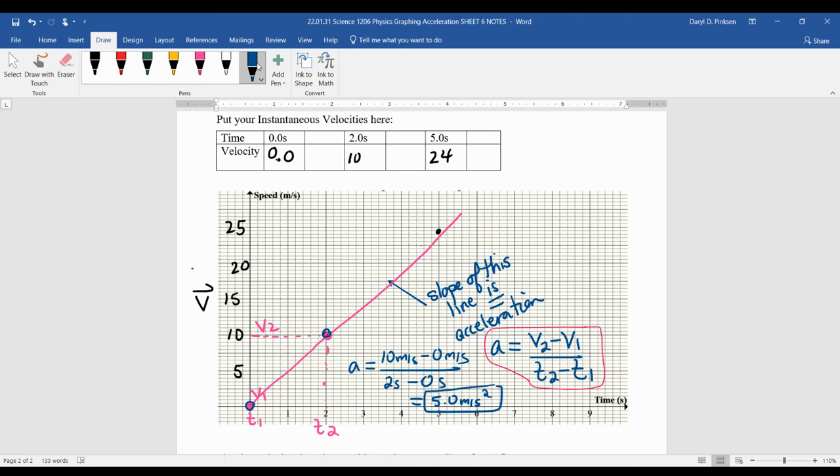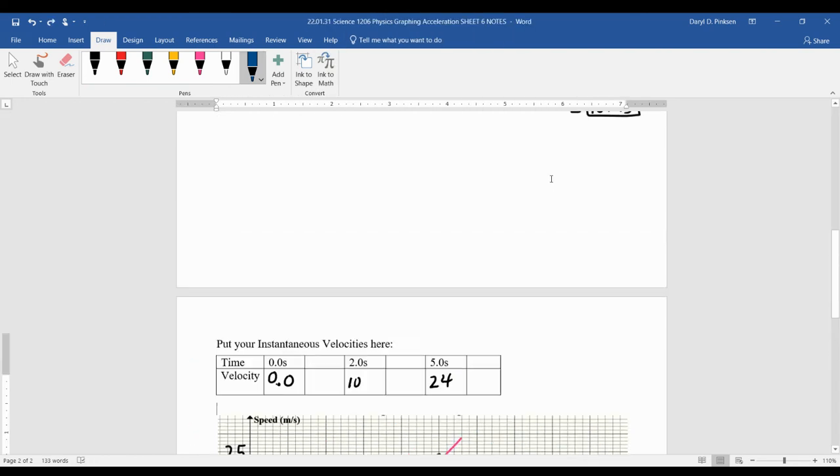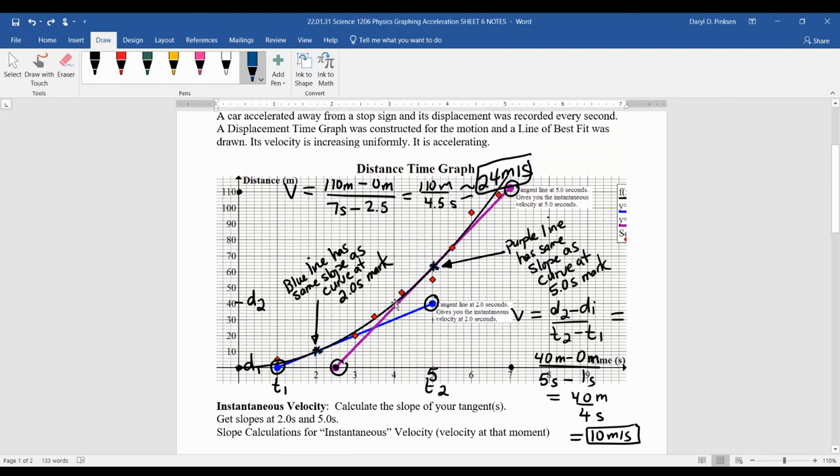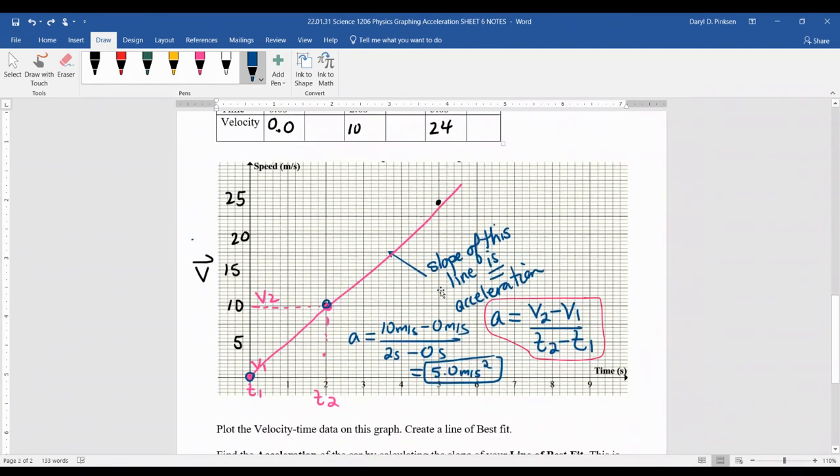So that would be the acceleration, and we found it by finding instantaneous velocities from this first graph: 0 and 0, 2 seconds and 10 meters per second, 5 seconds and 24 or 25 meters per second. And then graphing them on a v versus t graph allows you to find the acceleration.